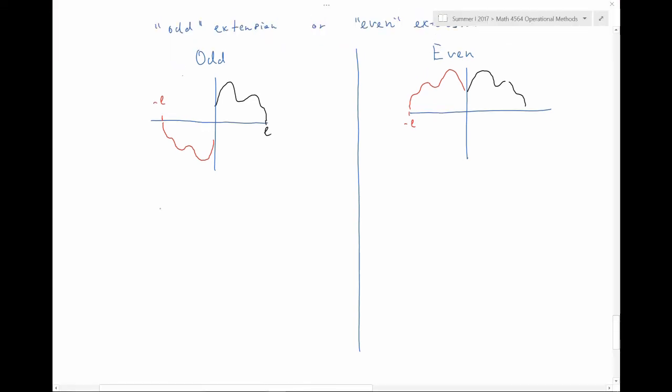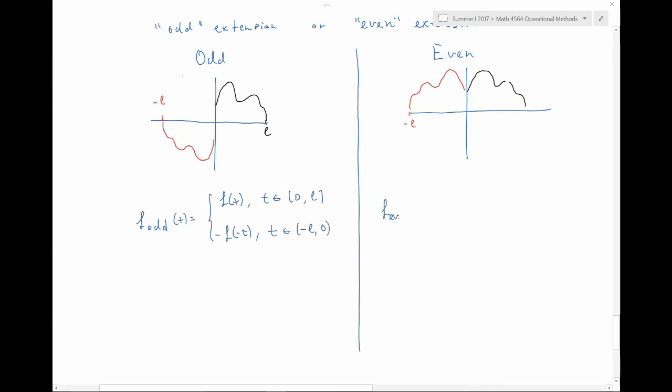So if I want to write the formulas for this function, then the odd extension can be written as f of t for t being from 0 to L, and it's minus f of minus t when t is in the interval from minus L to 0.